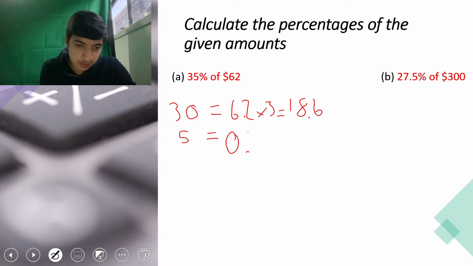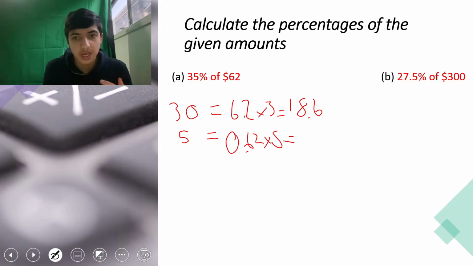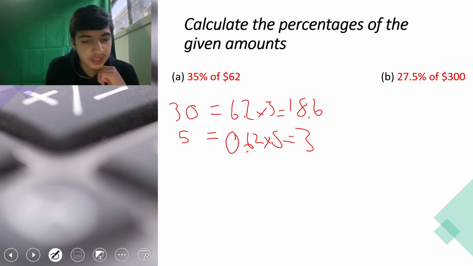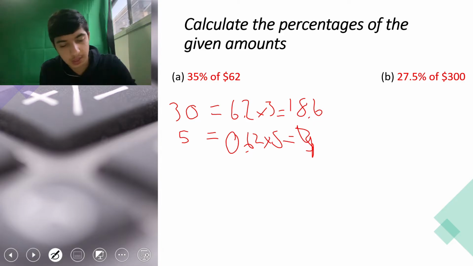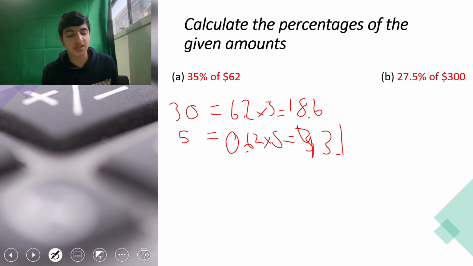So we have to do 0.62 times 5, which requires good multiplication skills. When you have good multiplication skills, it's easier for you. So 0.62 times 5 equals, no, sorry, 3.1. Yes, it's 3.1.